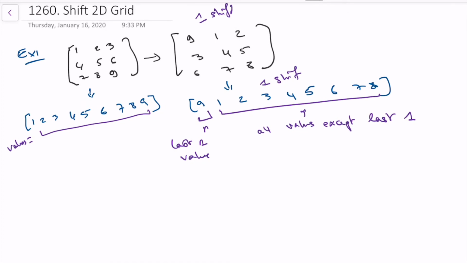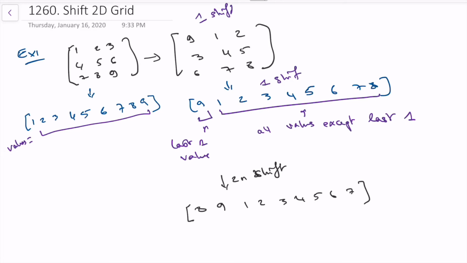If we shift it a second time, you would see that the second shift would be a matrix like this, where you have, let's say, 8, 9, 1, 2, 3, 4, 5, 6, 7.